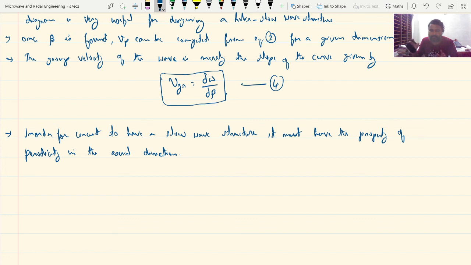So the period of the helical structure is the pitch. Keep that in mind, related to the helical coil, the helical slow wave structure.